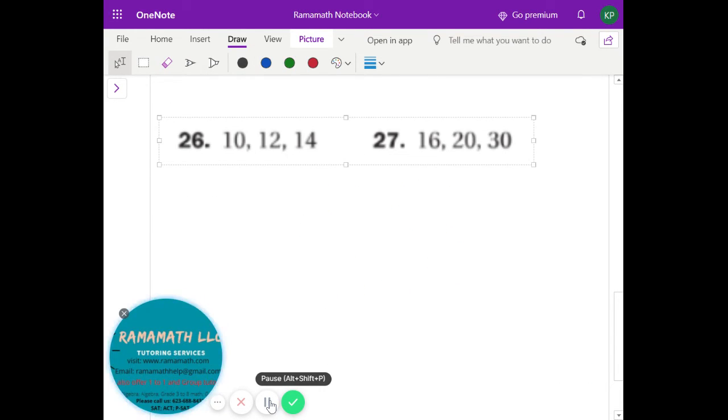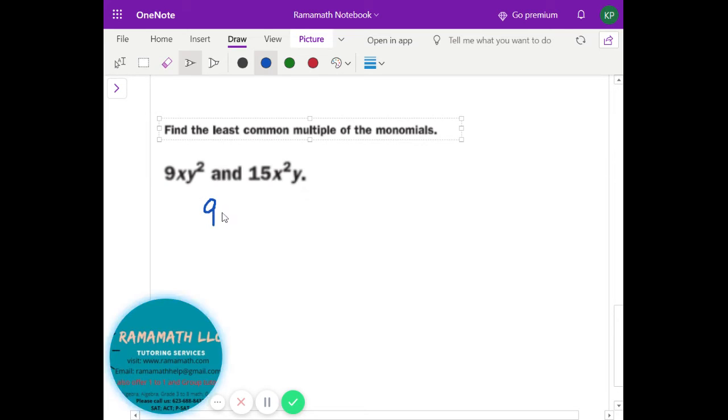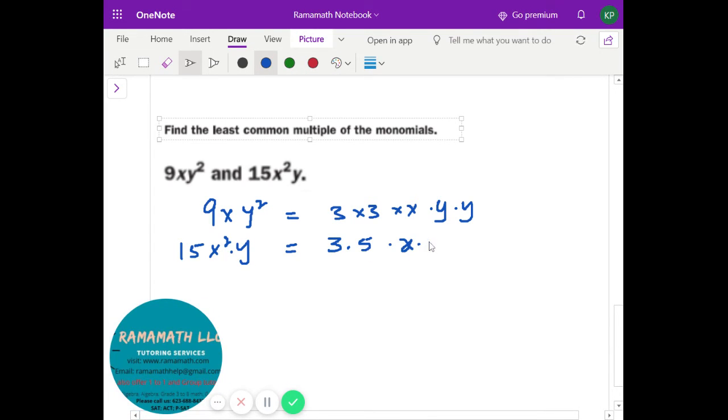Let's try these 2 questions now. 9x squared y and 15xy squared. You can write 9x squared y as 3 times 3, and then x times x times y, and 15xy squared as 3 times 5, x times y times y. Okay, now look at the common factors first of all.